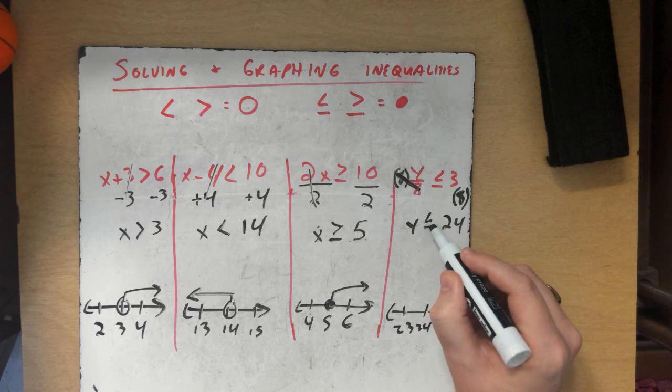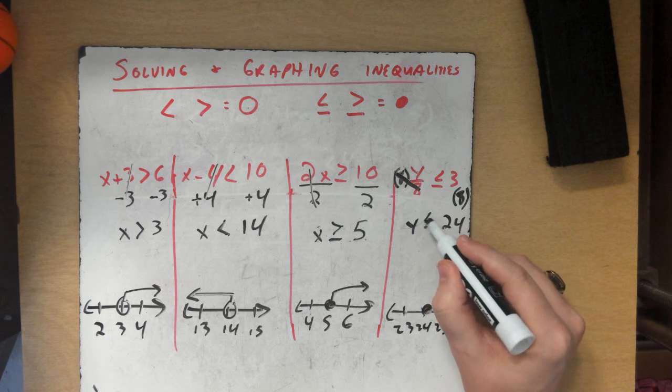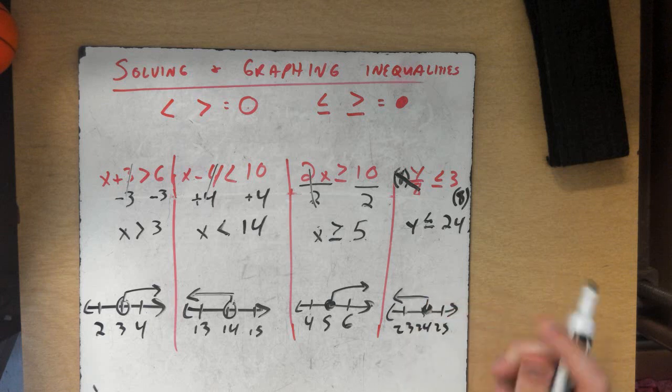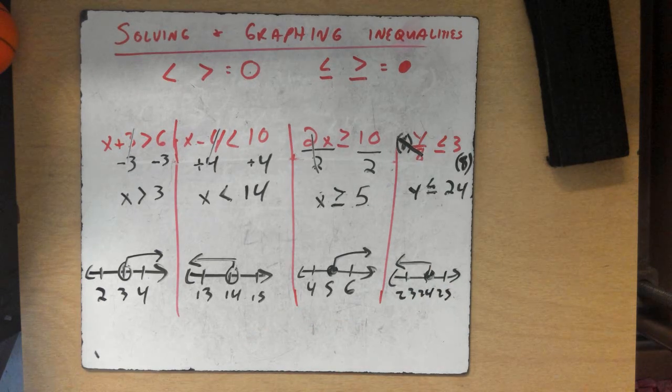Our symbol, line, closed circle, letter first, pointing towards the letter, goes left. Okay, so that's a simple refresher on one-step inequalities.